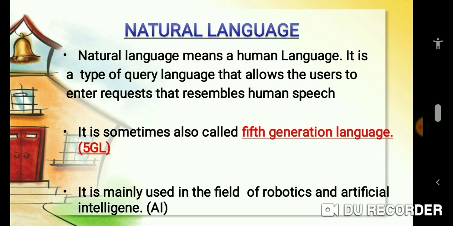Just imagine how a machine can understand your language. So this is the use of natural language in computers. This language is also called fifth generation language. It is mainly used in the field of robotics and artificial intelligence. Your Google Talk, your speech recognition are the applications of artificial intelligence.